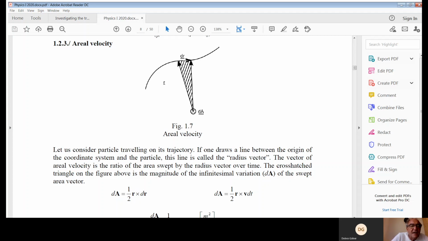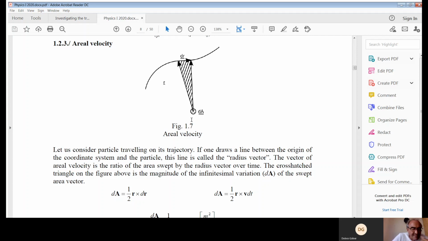But in addition, this area vector is not just a number, but it's a vector, and this has the definition that this one and this one multiplied together over 2, I forgot to say, over 2, is giving us this very narrow area.